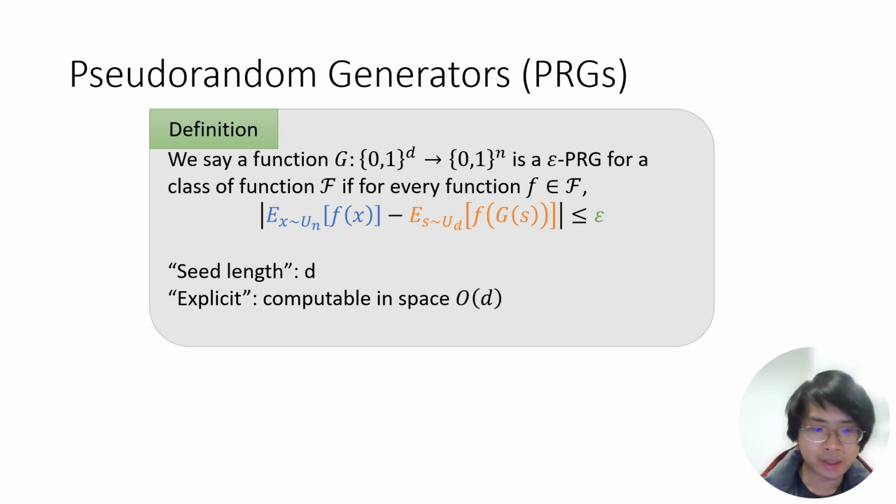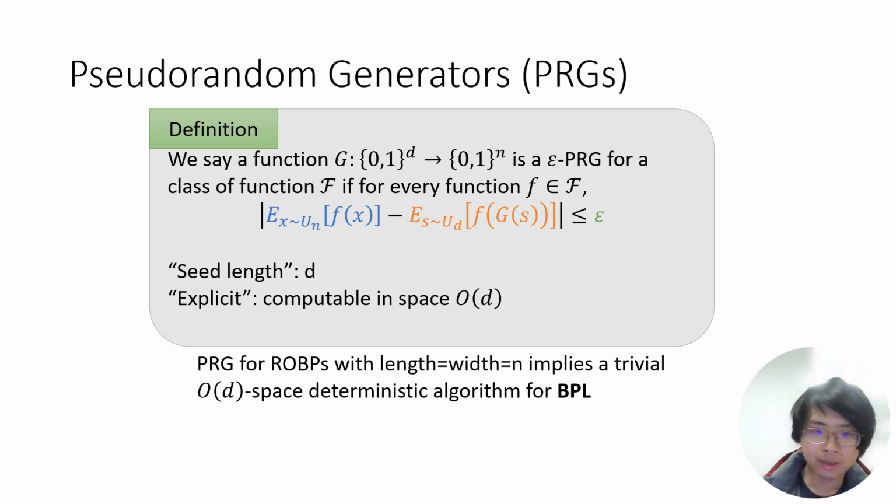We call d the seed length of this PRG, and because we are in a space-bounded setting, we say a PRG is explicit if it is computable in space linear in d. It is easy to see that if we have a PRG for read-once branching programs with length n and width W, then this implies a trivial space-d deterministic algorithm for BPL by simply enumerating every possible seed and taking the average of f on the outcomes.